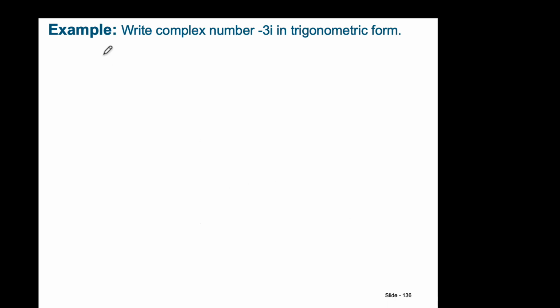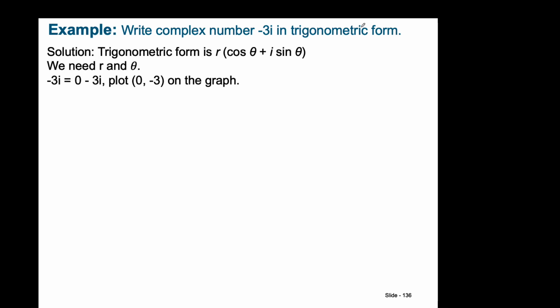All right, let's do this example. Let's write the complex number negative 3i in trigonometric form. Solution: trigonometric form is r times cosine theta plus i sine theta, and therefore we need r and theta, just like the last example. Negative 3i is our complex number.